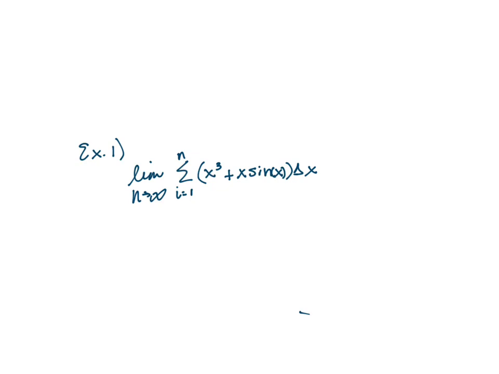If we were to write this as an integral, the first thing we would do, since it says write it as a definite integral on the interval from 0 to pi, is do what? What are my limits of integration? From 0 to pi. And what's my function?